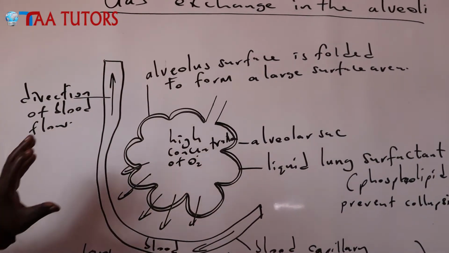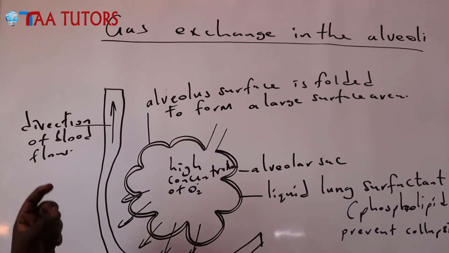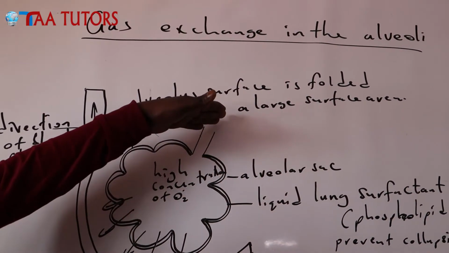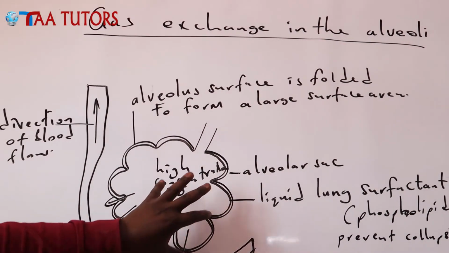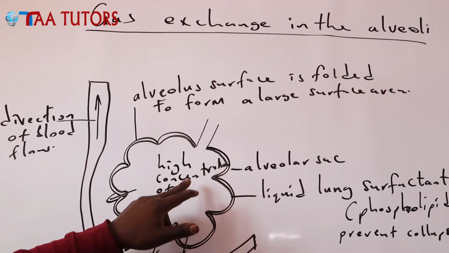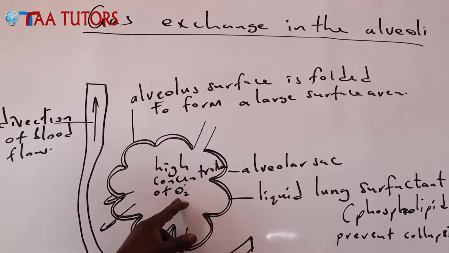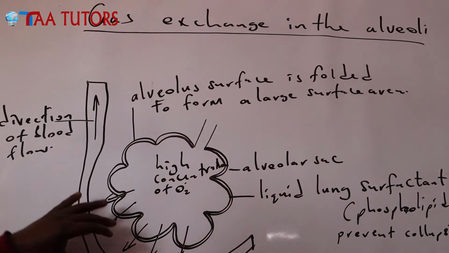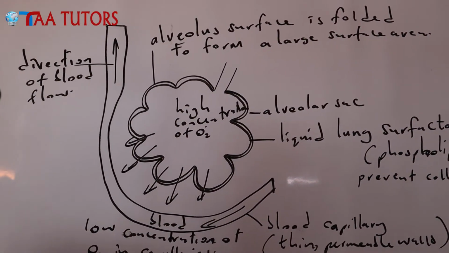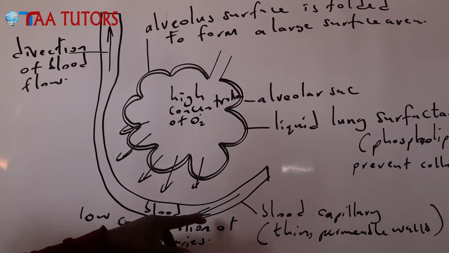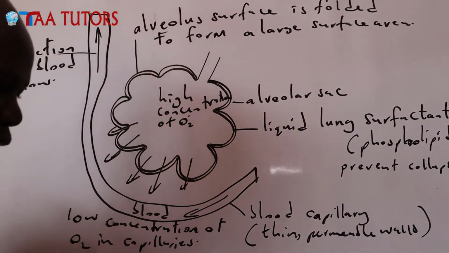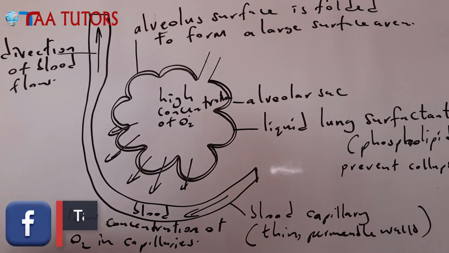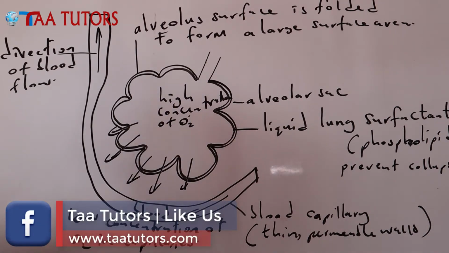Now when we come here, there is a passive process. When the gas gets into the alveoli or air sacs, once it has been contained here, the concentration of the air will go up as compared to the blood capillaries. These are the blood capillaries that are bringing in the blood. This blood has been moving from body parts, meaning that it gave up all the oxygen it was carrying to the tissues that needed it.